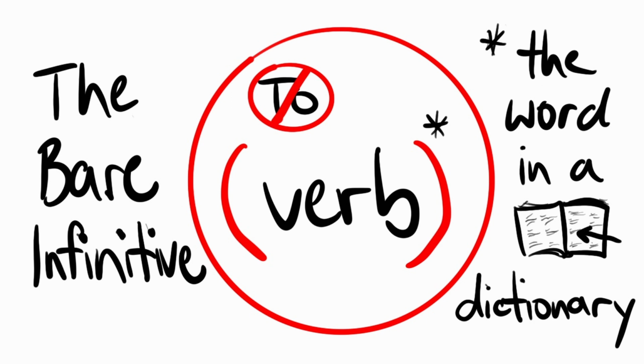And if you remember from the simple present tense video, the bare infinitive is the verb, whether it's the action or the state of being, as you would look it up in a dictionary, right? It's just the word all by itself. And here, there's no need to add any S's or add any letters on the end or anything. It's just the bare infinitive.